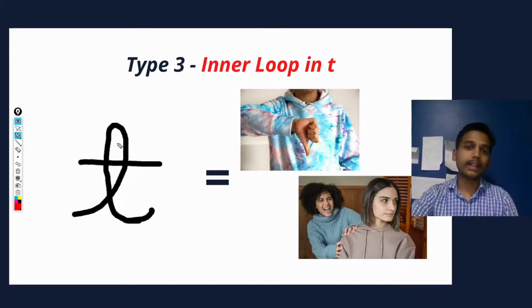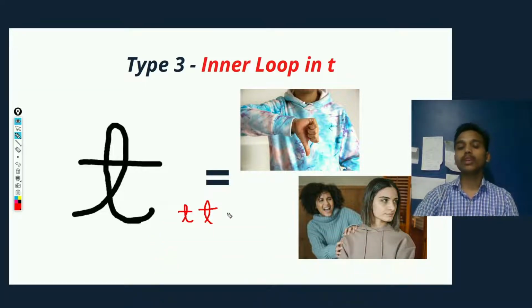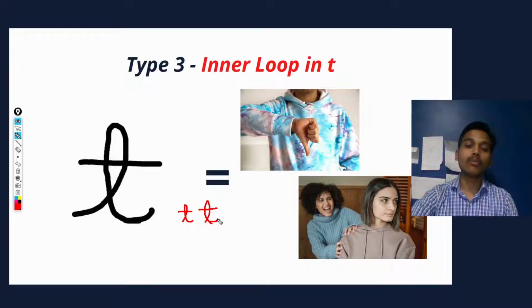Any letter T which has a loop like this in between falls under this category. Now you may find some people having a very small loop, and some people having a very big loop. So the rule of thumb is simple: the bigger the size of the loop, the more they show reaction when being criticized.